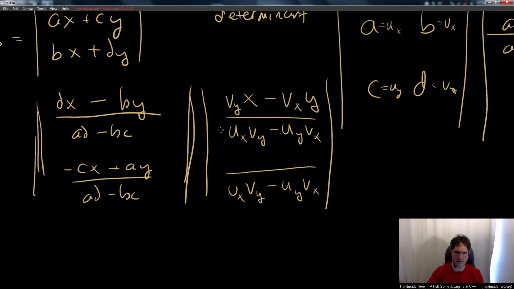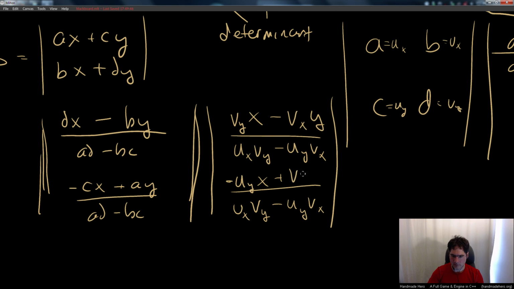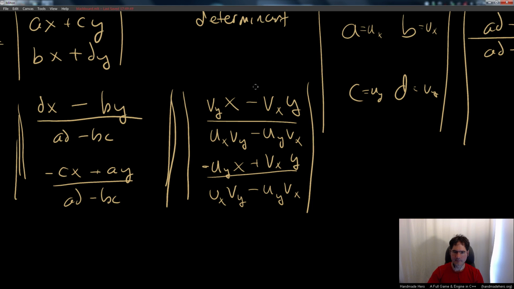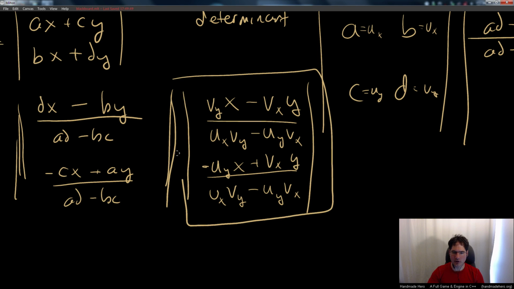That's what we get up there. And for here, we would get negative UY times the input x coordinate plus VX times the input y coordinate. So that's the actual equation now for doing the reverse mapping that we actually wanted to do.